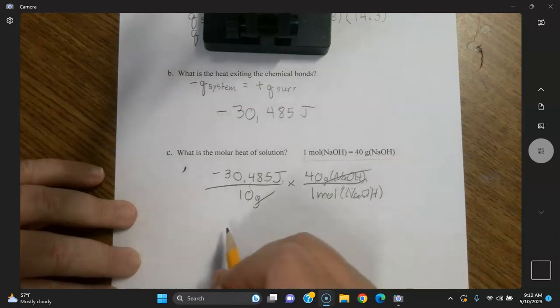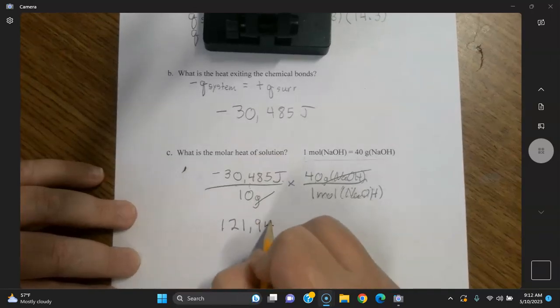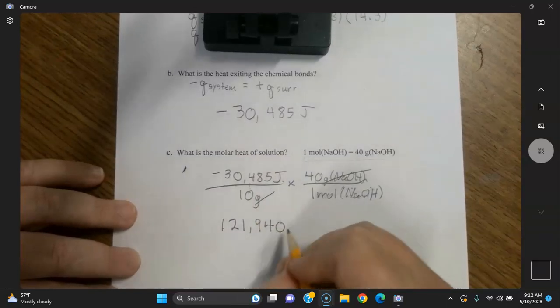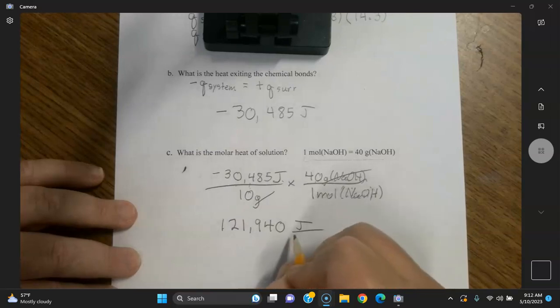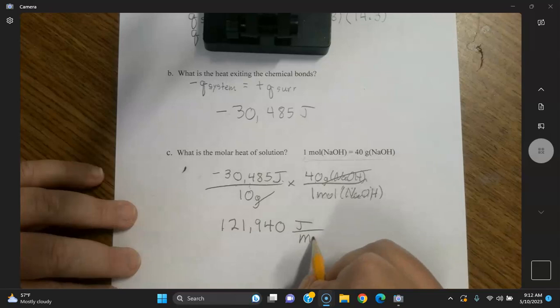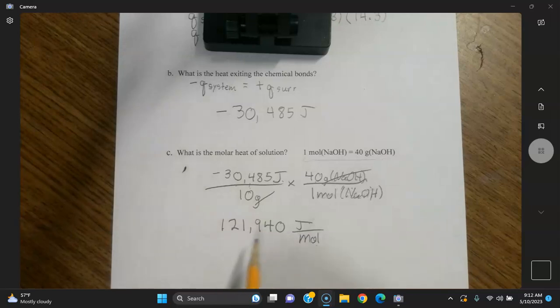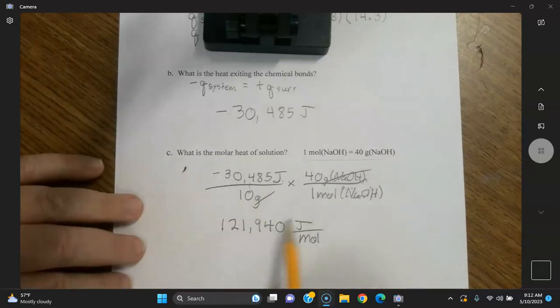So that's going to give you 121,940. If you put a negative, that's okay, but you just express it as just a positive number. That's the heat of dissolution. Joules per mole. That's what you want to know, the heat per mole. All right, if you change that to 121.94 kilojoules, that's fine, but you didn't have to do that, okay?